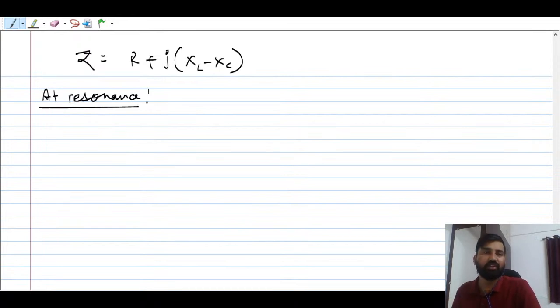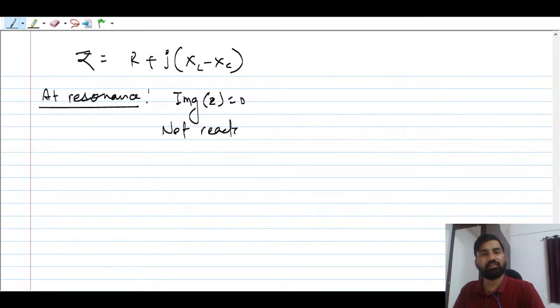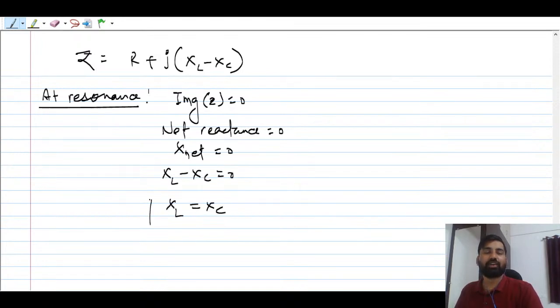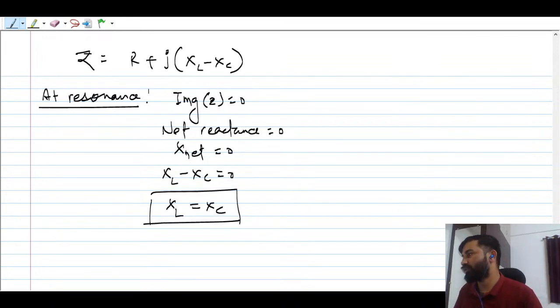Because Z is going to be equal to R, so the imaginary part is equal to 0, or you can say that the net reactance is going to be 0, right? All these things we know. X net is going to be 0, or XL minus XC is going to be 0, or XL equals XC, okay? In order to find the resonant frequency, we are doing all these things, right?